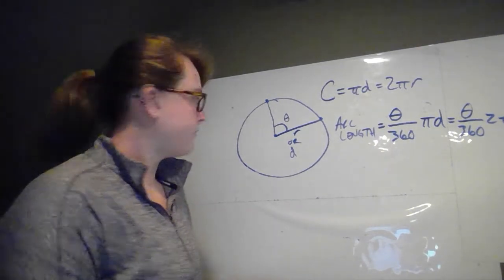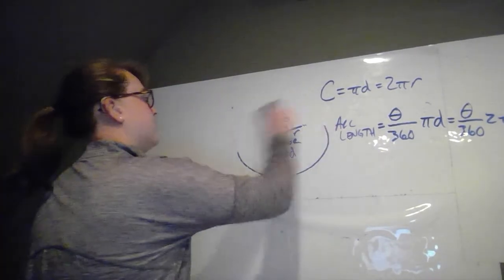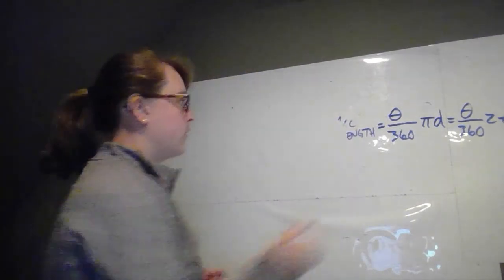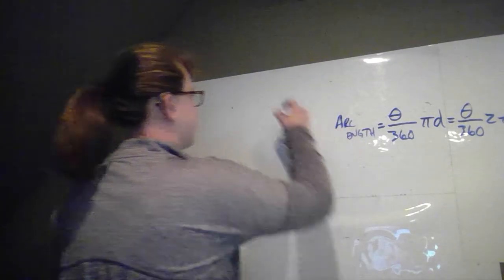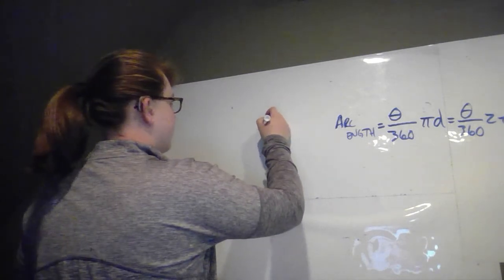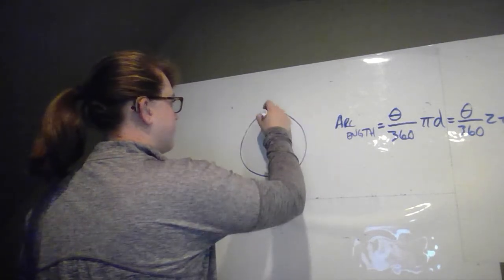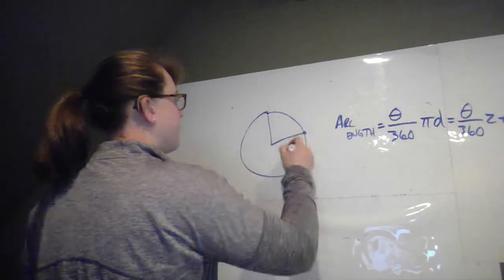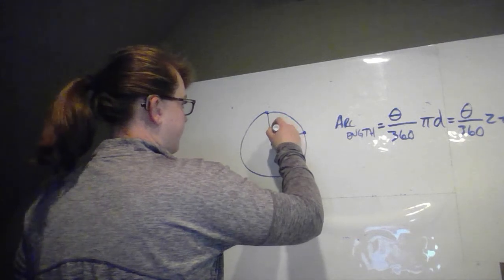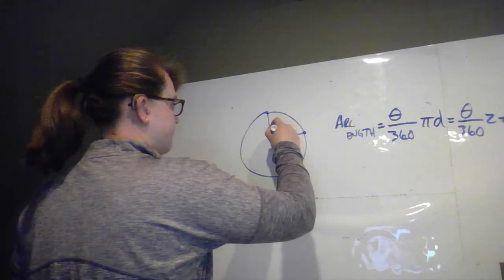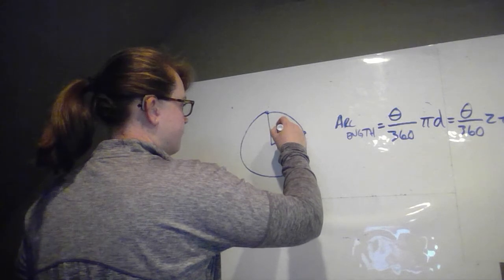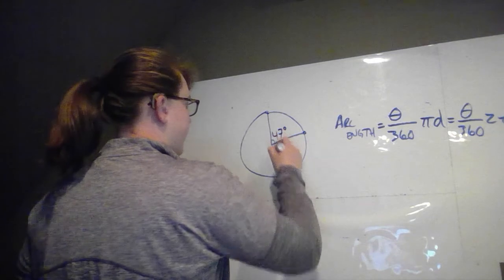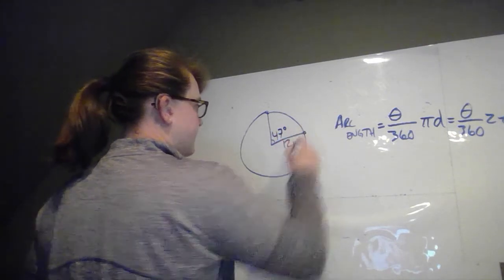So let's try one. Let's say we got a circle, and I want to know this arc length, and this angle is 47 degrees, and my radius is 12 inches.